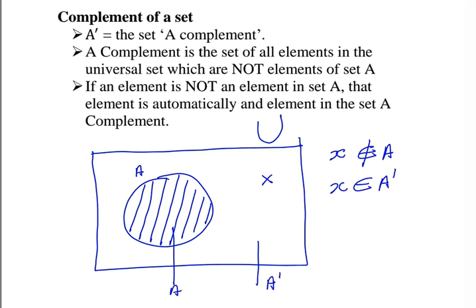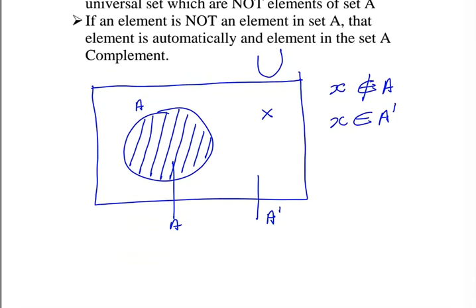Ladies and gentlemen, A complement is the set of all elements in the universal set which are not in the set A. On a Venn diagram, that would be the entire area inside of the rectangle that is not inside of A. This unshaded area of the rectangle is where you put elements of the set A complement.